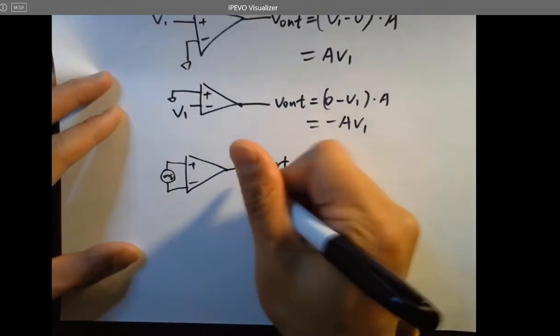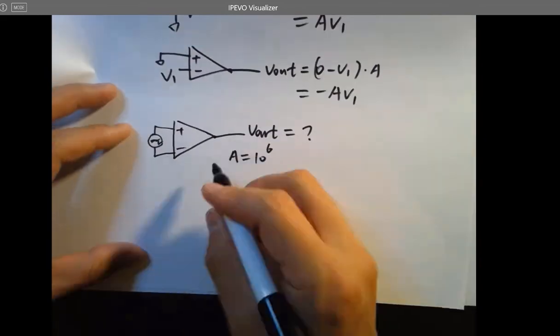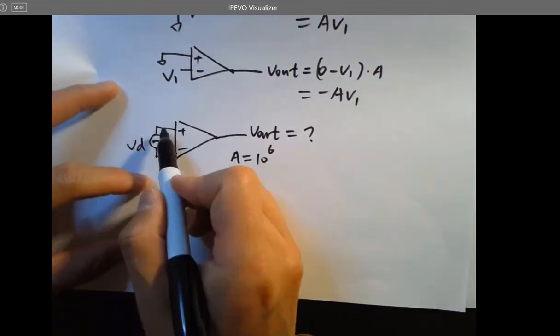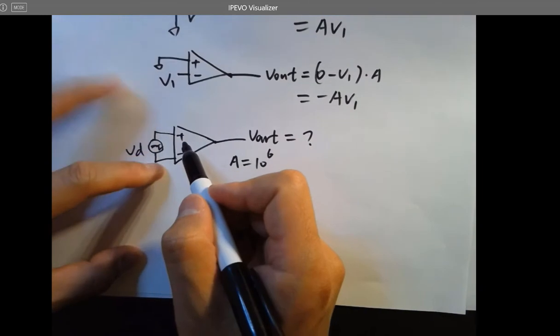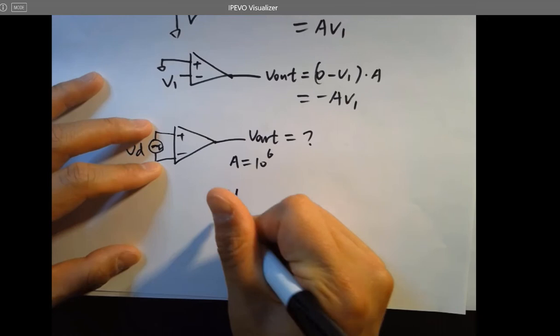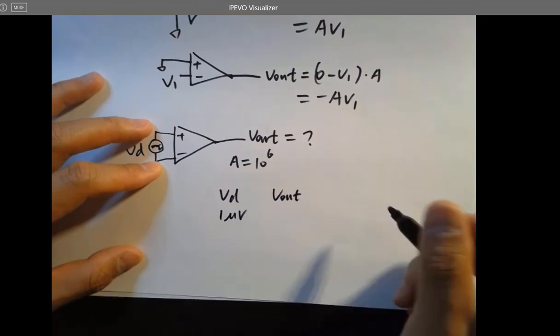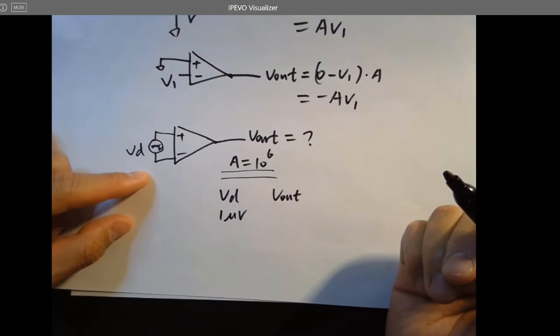So for example, A equals 10 to the 6, and let's say VD is the voltage difference between these two terminals. If VD is 1 microvolt, what will V out be if the gain is 10 to the 6?